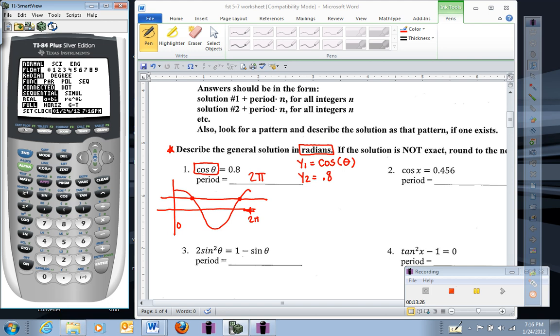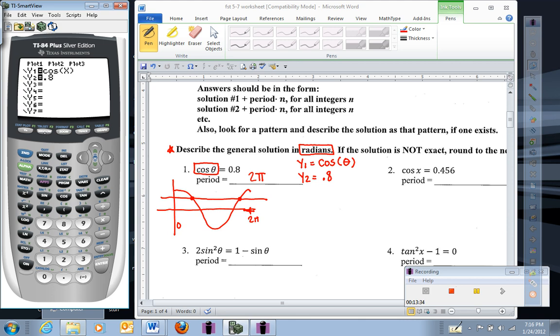The next thing we need to do is go to our y equals. I'm going to clean out anything we have in here. Okay, and we're going to put cosine x, because x is going to stand in for theta. So cosine x goes in y1, and in y2 we're going to put 8/10.